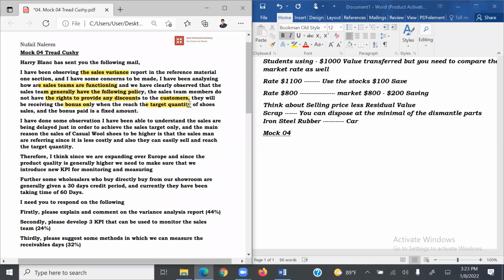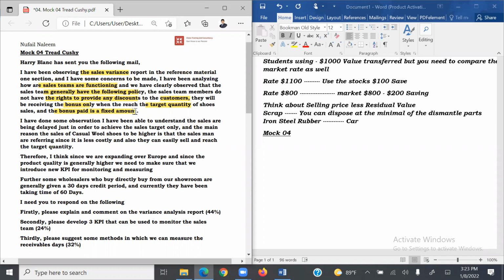For example, you sell 1,000 shoes, you will get the bonus, and the bonus is a fixed amount, 10,000 only. If you reach 1,000 shoes, you will get 10,000 only. Even if you reach 5,000 shoes, you will get 10,000 only. So indirectly, what they are suggesting is that the shoe component here is going in a normal methodology of targeting. So students, it's a fixed bonus. It's a quantity-based bonus. That is the understanding here.